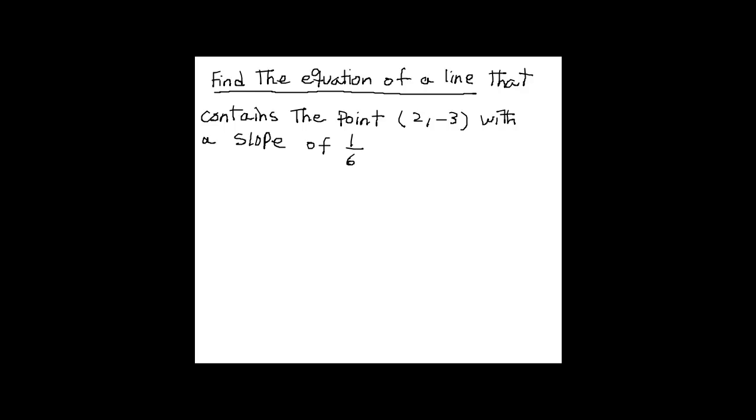Okay, they're giving a point and the slope. So anybody can tell me the general equation of the straight line? If you know it, give me an answer. If not, put the X next to your name, so I don't have to ask you.